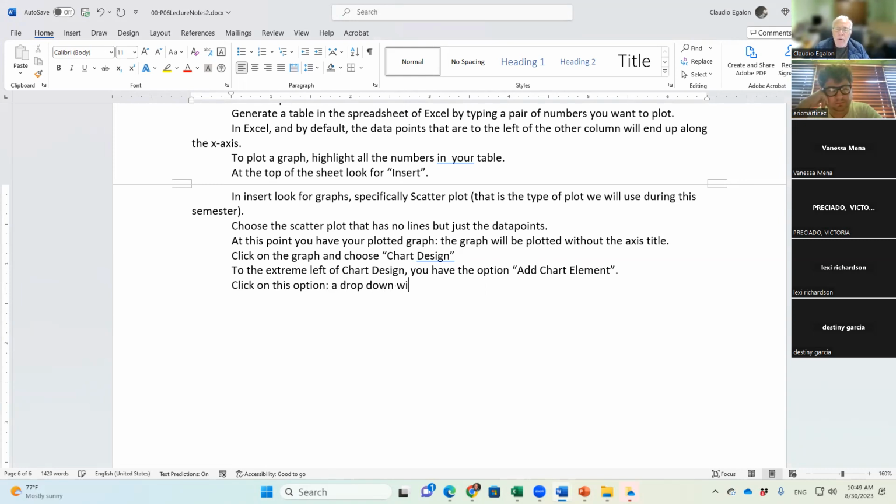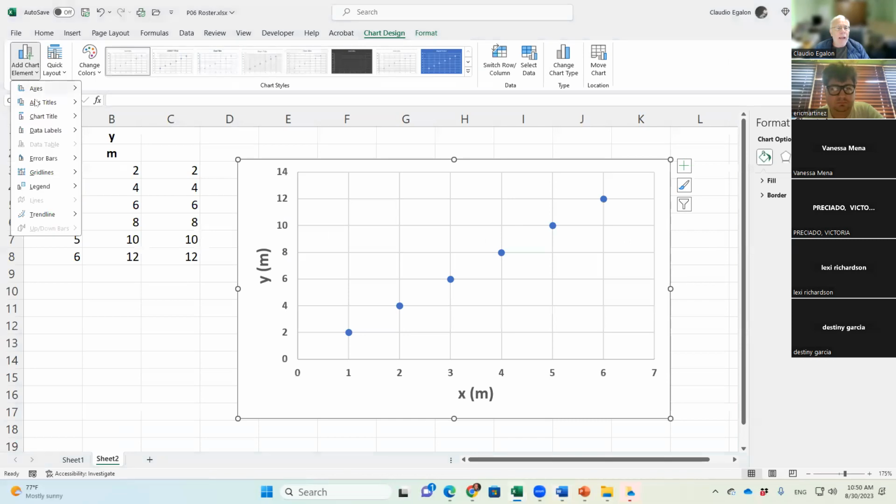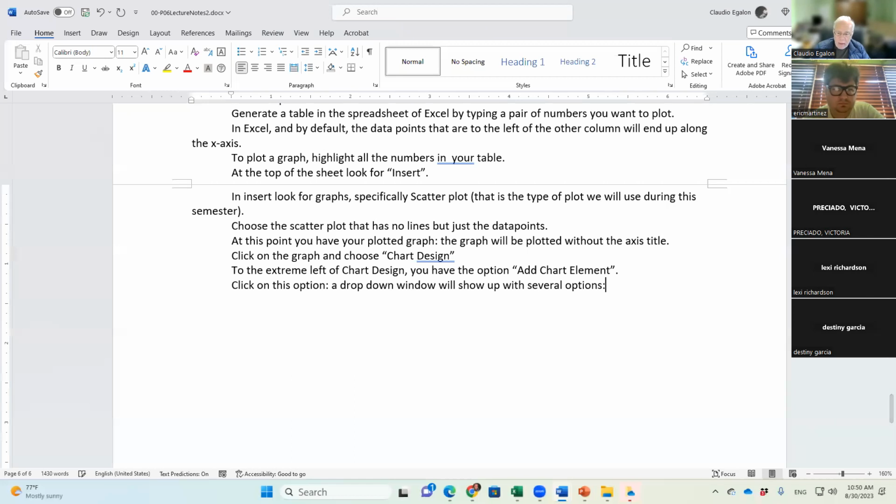A drop-down window will show up with several options, right? So highlight axis title. Axis title.